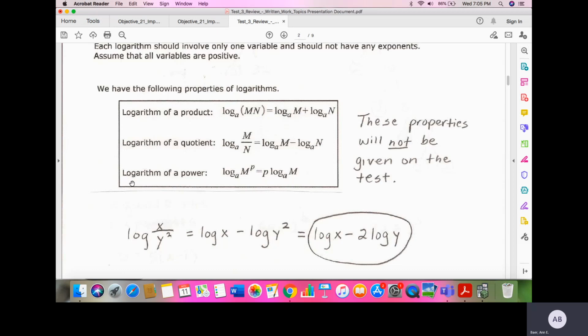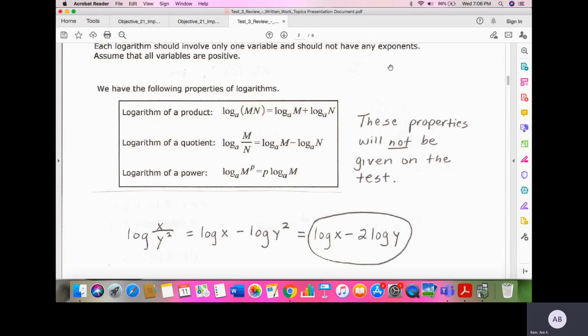And we have the all-important logarithm of a power property, which says that if you have log base A of a base m to a power p, then what you can do is take that power and drop it down front in the normal line of writing, and then not write it down again. So this power gets dropped down in front, and then you write down log base A of m. The power went down front, so we don't put it in the exponent.